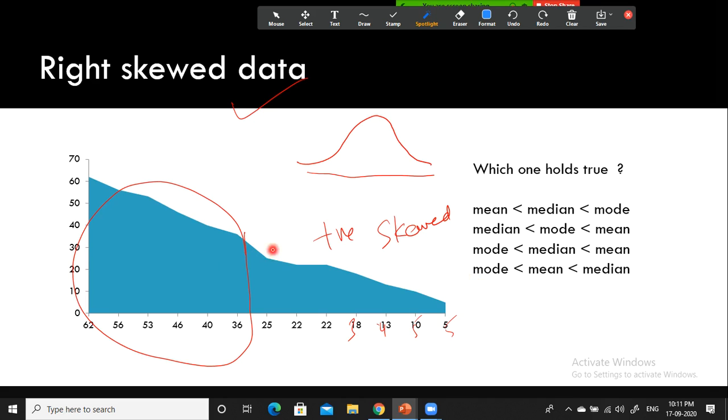In the case of skewed data, remember very well, your mode will be somewhere here, the most frequently occurring value. The mean value will always get dragged outward. In between these two, you have the median. Median is the middle value.